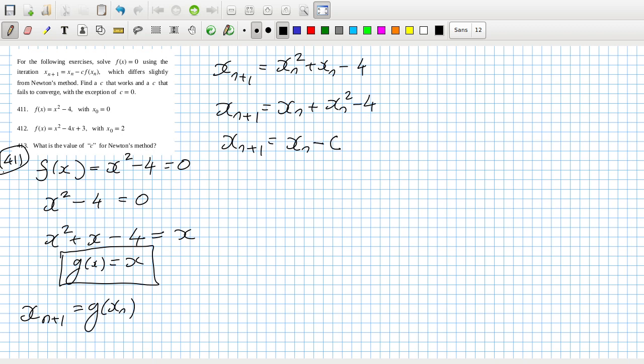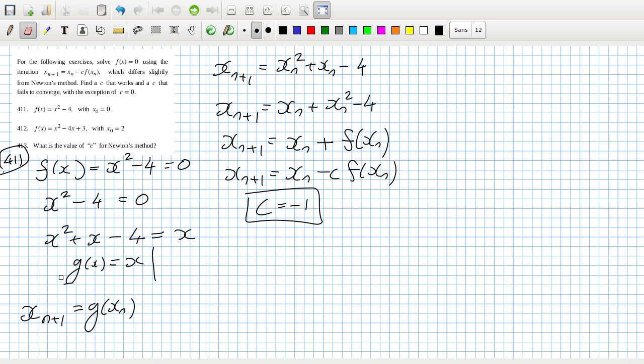So xn plus 1 equals xn minus c f(xn). That would mean c equals minus 1. Now I can test this theory out by trying some value close to 0. So if I try x0 equals 0, let's see what I get for x1.